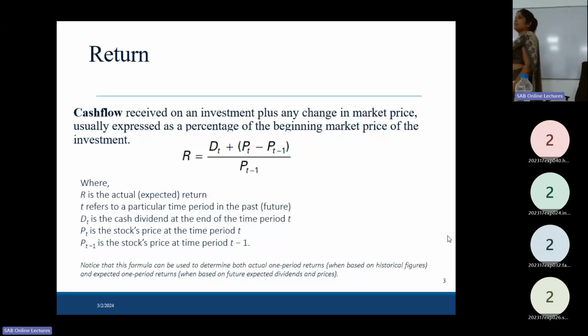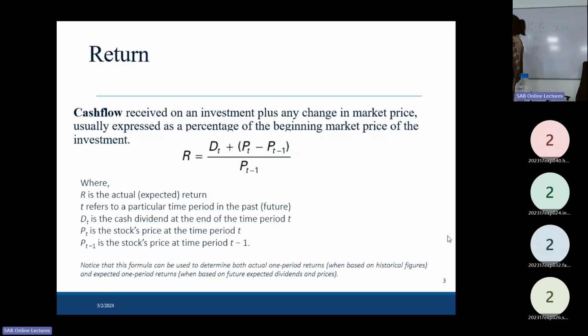Then capital gain: P1 minus P0 divided by P0. This we call the dividend yield, and this we call the capital gain yield. Normally we exhibit this as a rate of return, so the answer should be multiplied by 100 to present it as a percentage rate of return.